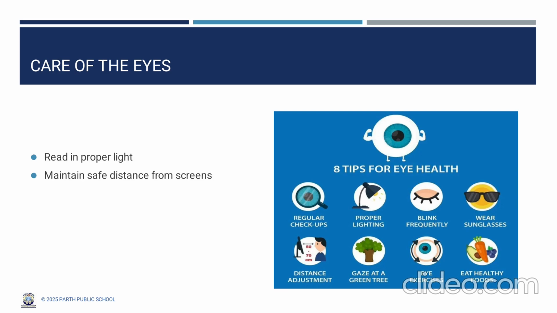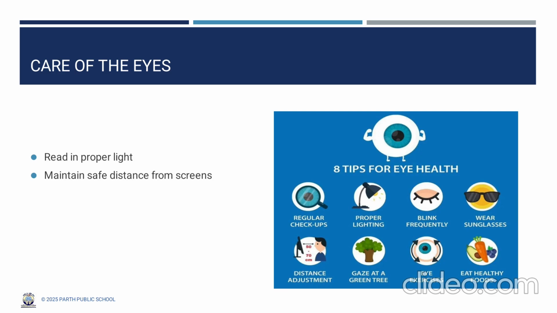Then we should always read in proper lighting, not in dark rooms. Then blink frequently. Then wear sunglasses in sunlight so that no harmful effects are done to the eyes. Then distance adjustment: we should keep a proper distance when using a phone, laptop, TV, or any screen.